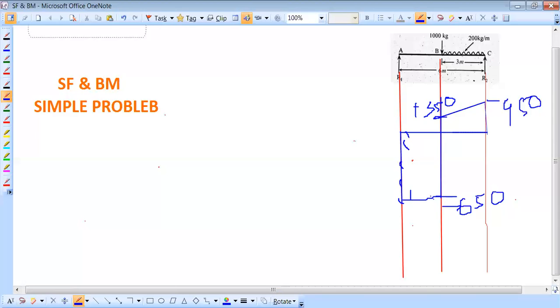You can easily see here, it is called the SFD. Again, draw a BMD from the loaded beam. How can I draw the BMD in the loaded diagram?